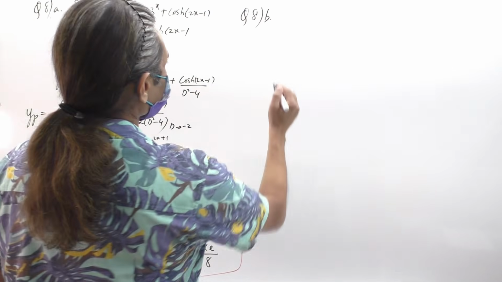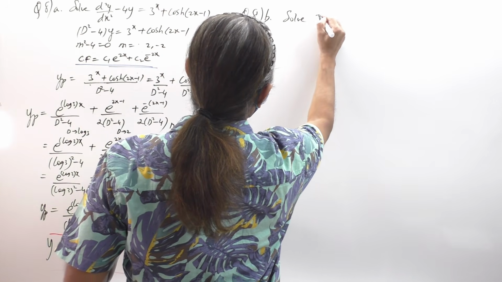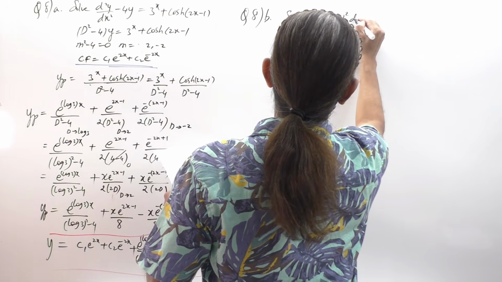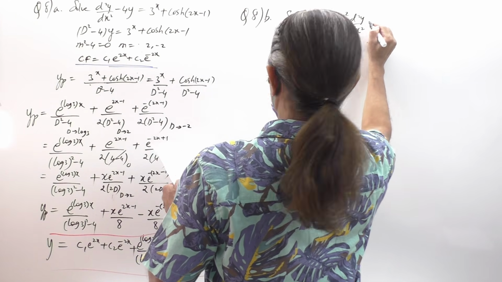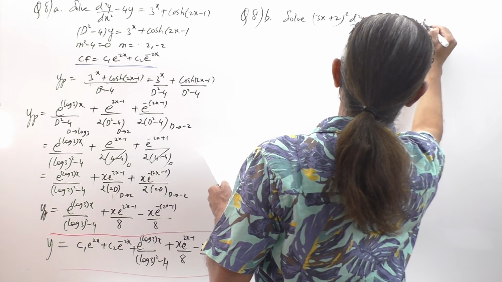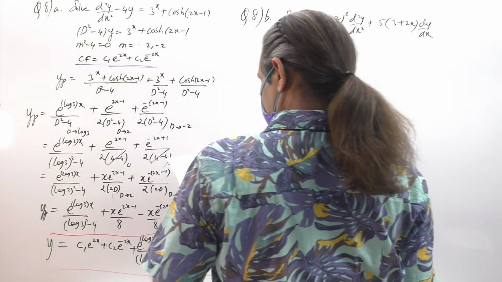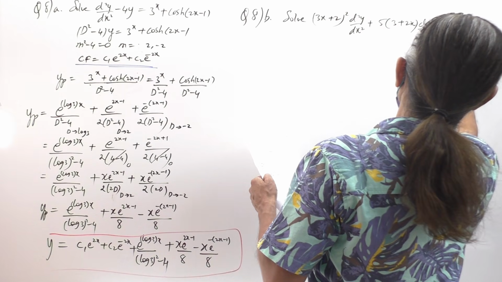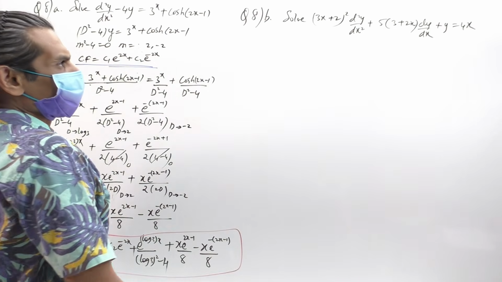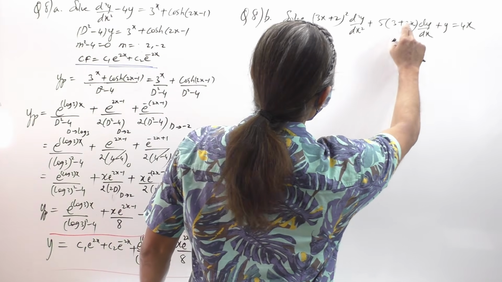Solve: (3x plus 2) the whole square d square y by dx square plus 5 into (3 plus 2x) dy by dx plus y equals 4x. This is an example from the Legendre differential equation, (ax plus b) the whole square.